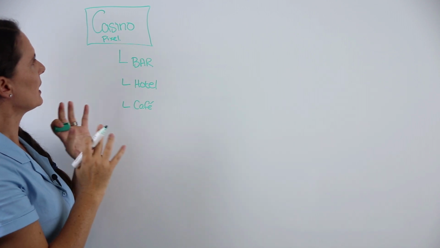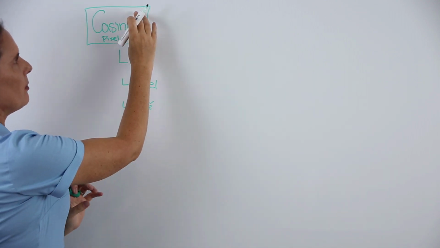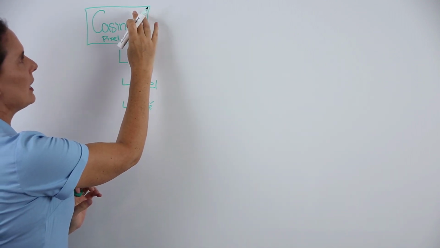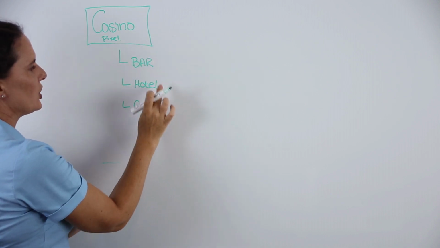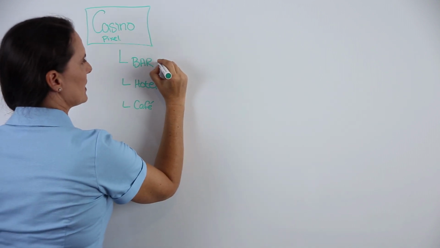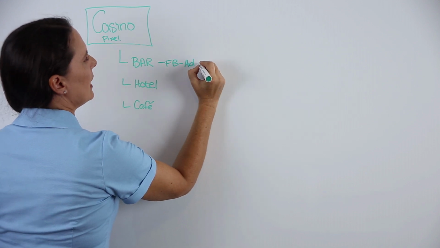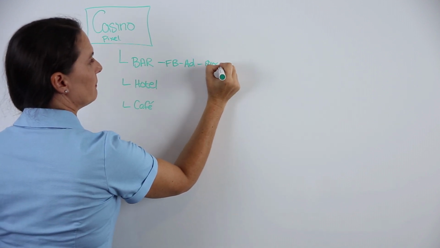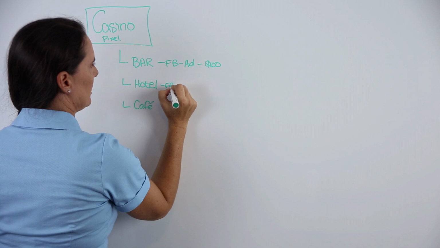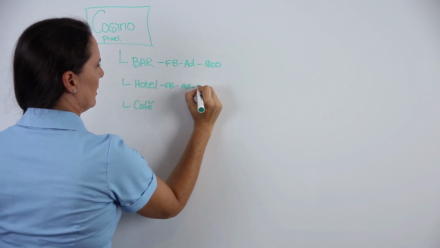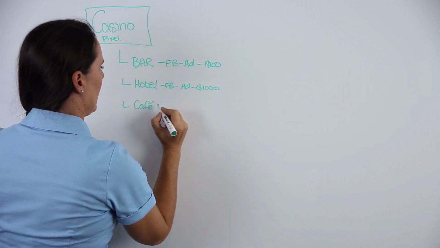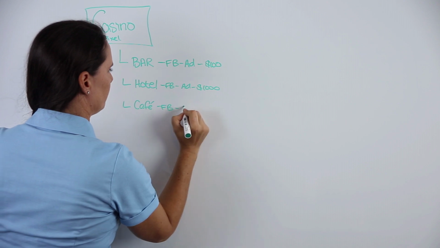And you're going to want to be able to use the information that is being collected by this pixel for each of these. So the bar has its own Facebook page and its own ad account and its own ad budget, as does the hotel and the cafe.